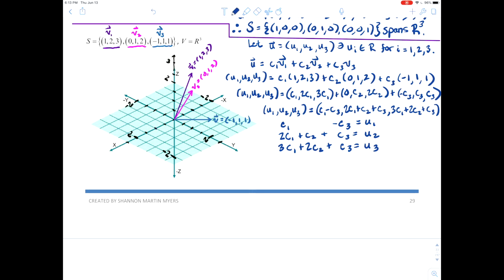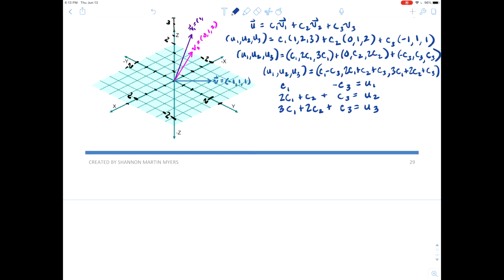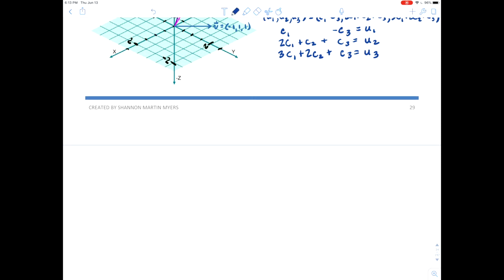So here we go. You can either do this as a system or in a matrix. Why don't we go ahead and do it in a matrix? So I'm going to come down to this page. I'm going to write this corresponding matrix, all right? The C's are the unknowns. We have unknown constants at the end, but for the C's, we'll put the coefficients in the matrix.